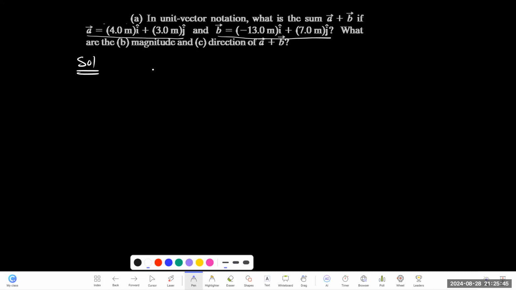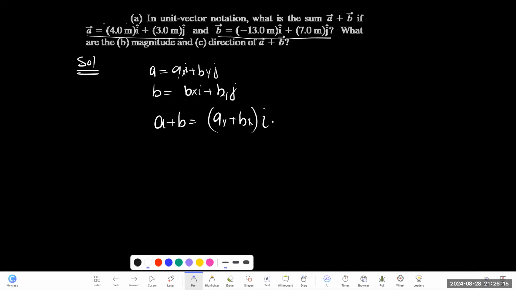So what you're going to do: we know that if I have A equals ax i plus ay j, and another vector B equals bx i plus by j, how can I calculate A plus B? I'm going to add these two, so it's going to be ax plus bx times i plus ay plus by times j.